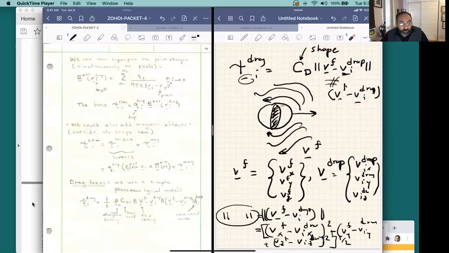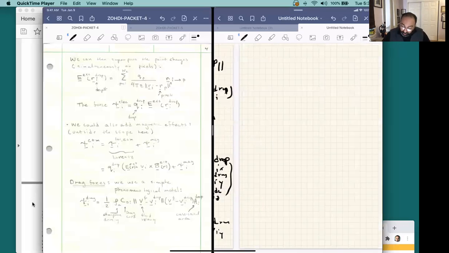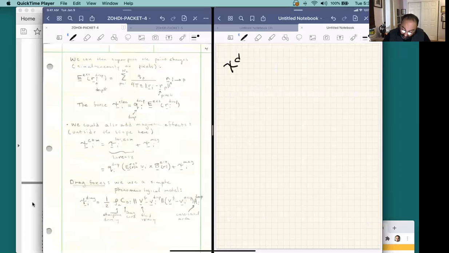But over several decades, it's become a common agreement that we have a factor of a half. We have the density of the type of fluid that's acting on it. So in this case, if it was air, it would be the density of whatever is flowing around the material. And then also we have, as an additional factor, this multiplied times the area, that is the cross-sectional area of the object, which is shown there. So if we take all of these features together and we add them up, we basically get something called the drag force.